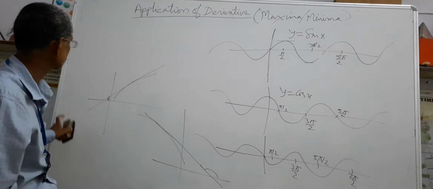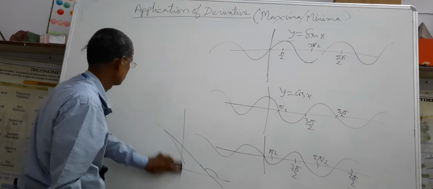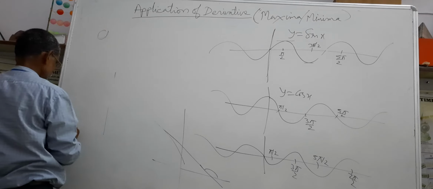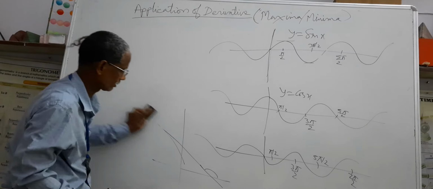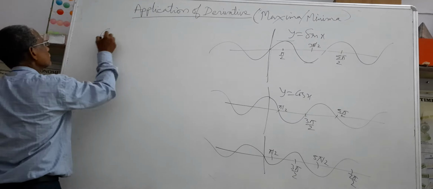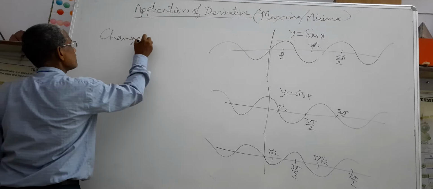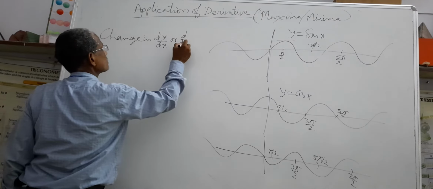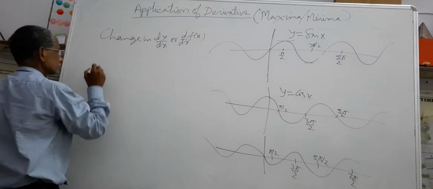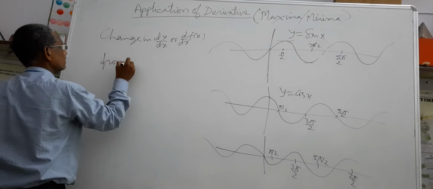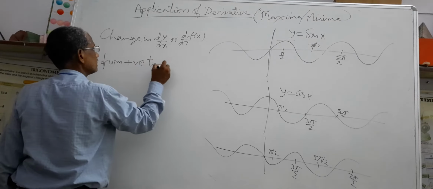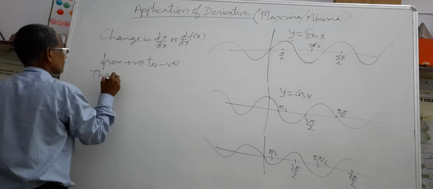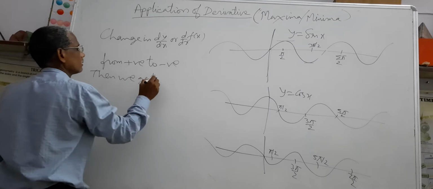Now, if change in dy dx or d dx of f x is from positive to negative, then we get maxima.